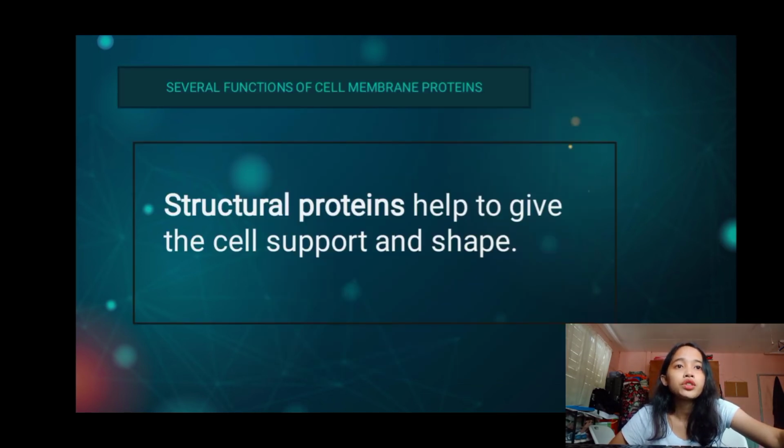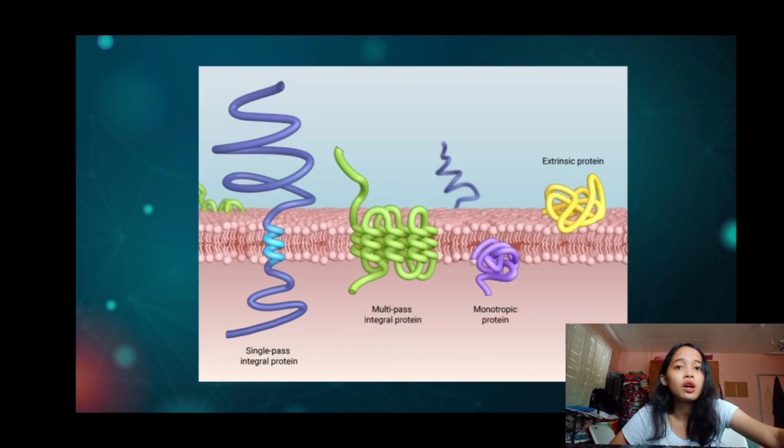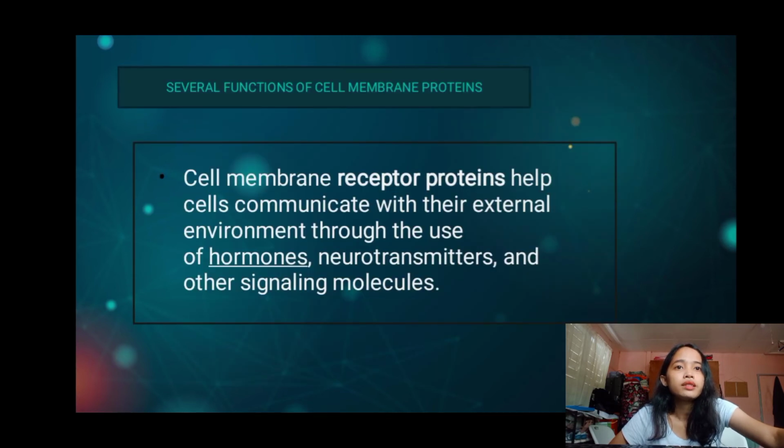The several functions of cell membrane proteins: first is the structural proteins, which help to give the cell support and shape. From the word structure, they help support the shape of the cell. Next is the cell membrane receptor proteins.